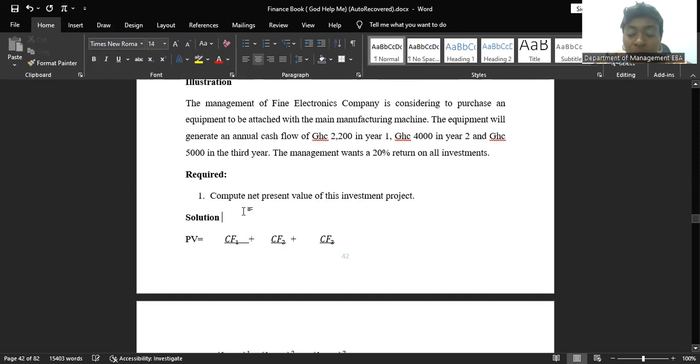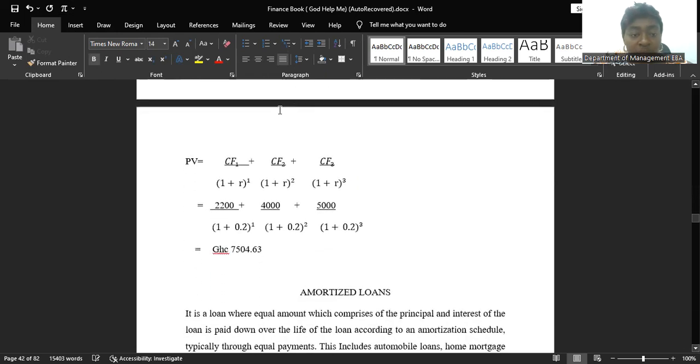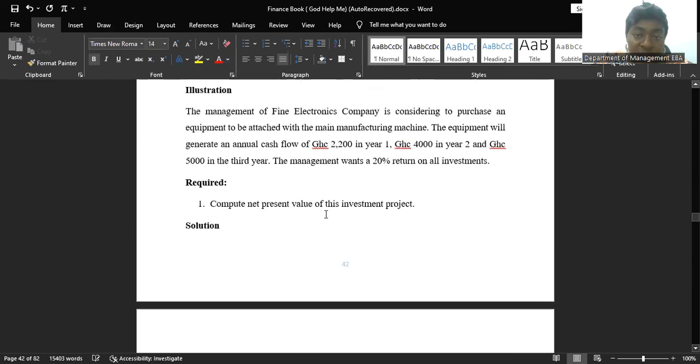So there's the formula. Now the first year cash flow is 2,200. The rate of return is 3%. Then 4,000, and the third year is 5,000.